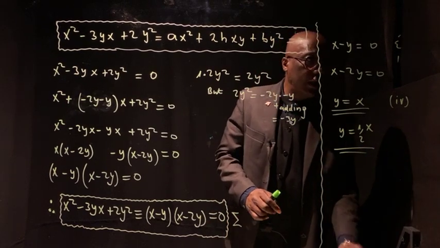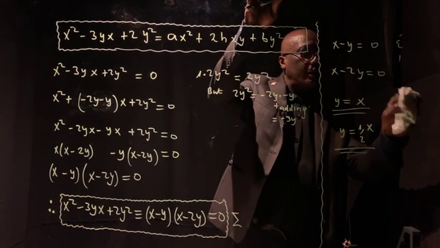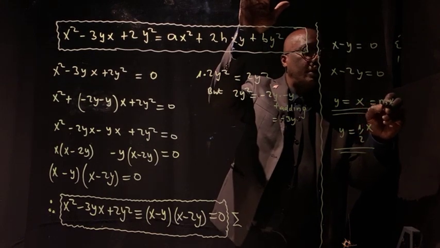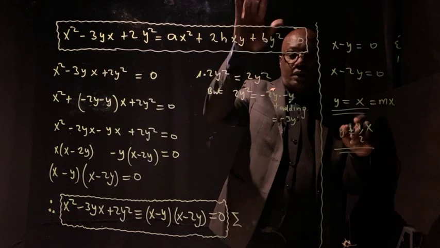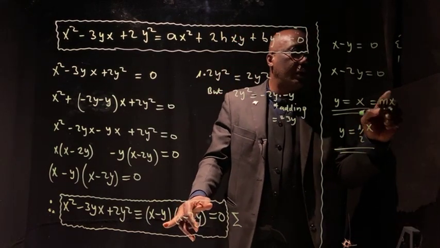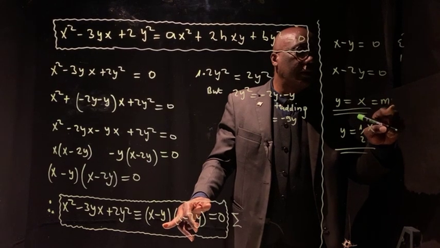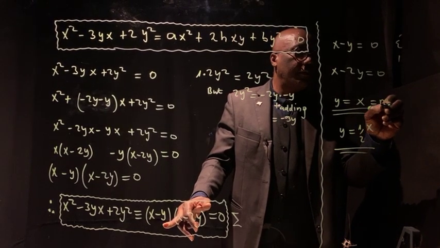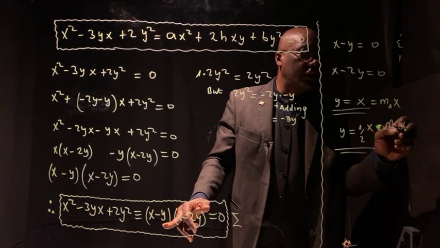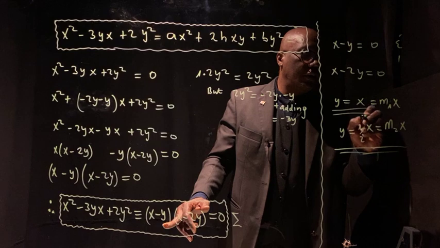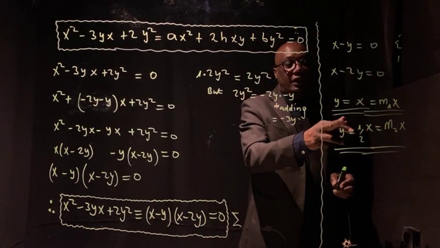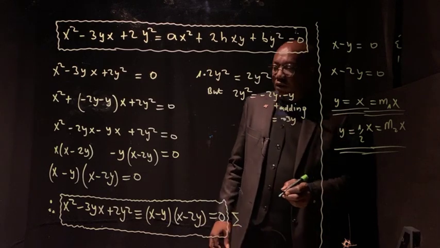Both are equations of lines. This one is very much identical to mx. I'll call this one m1x and I'll call this one m2x. They are both equations of lines that pass through the origin.